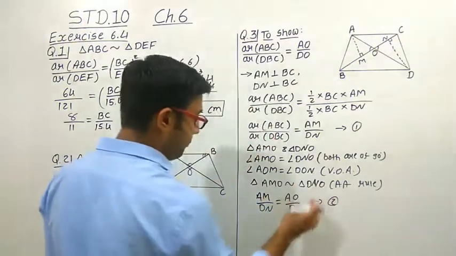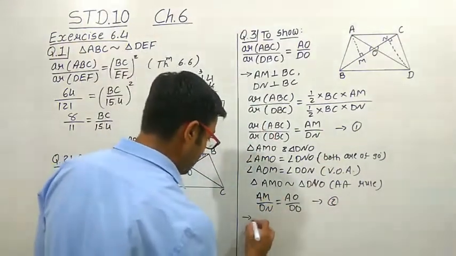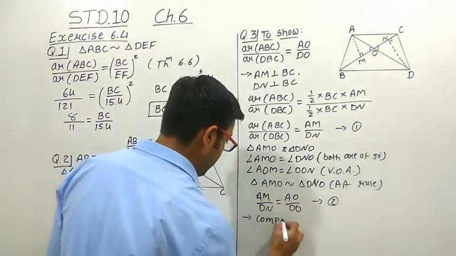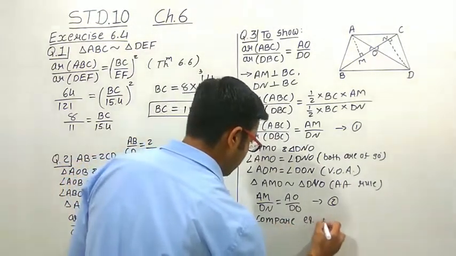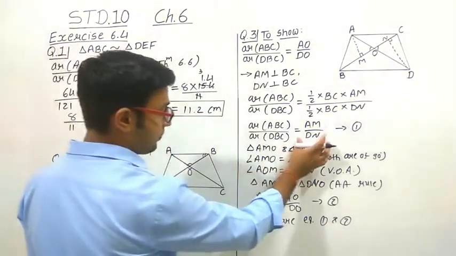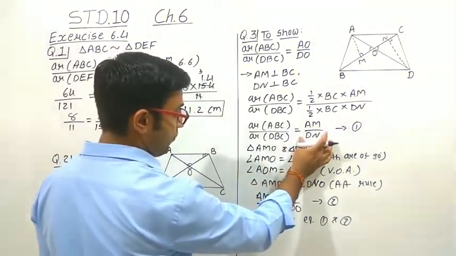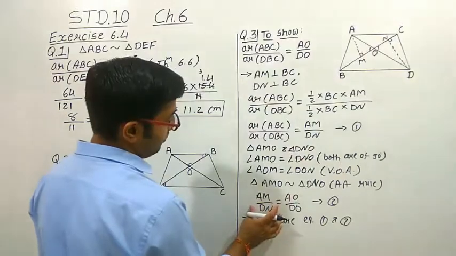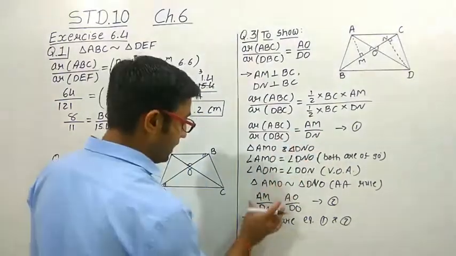Now see, when we compare equation number 1 and 2, the right hand side is AM upon DN, and the left hand side is also AM upon DN. So this equals this and this equals this.